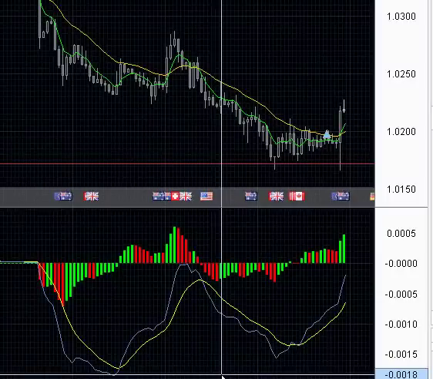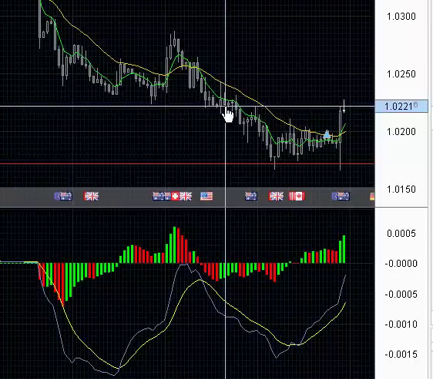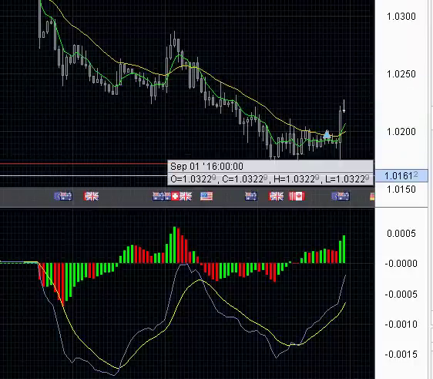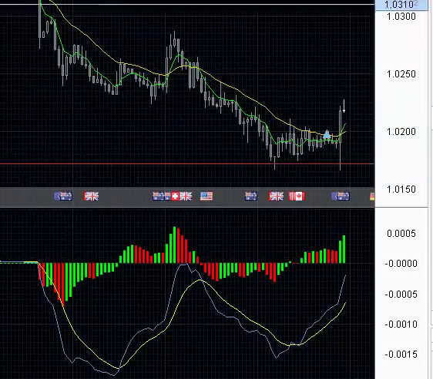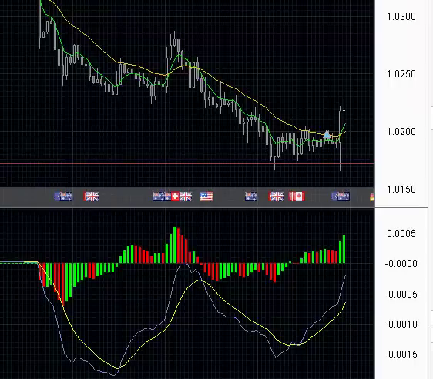Since my previous video was discussing briefly the MACD as an indicator, I wanted to do a quick one here regarding a trade that we sent out on the AUD/USD, the Aussie US dollar.